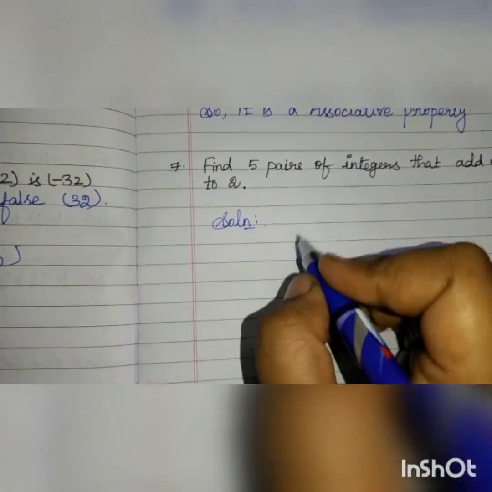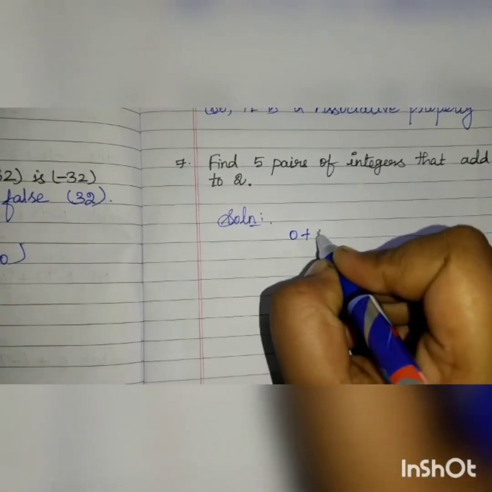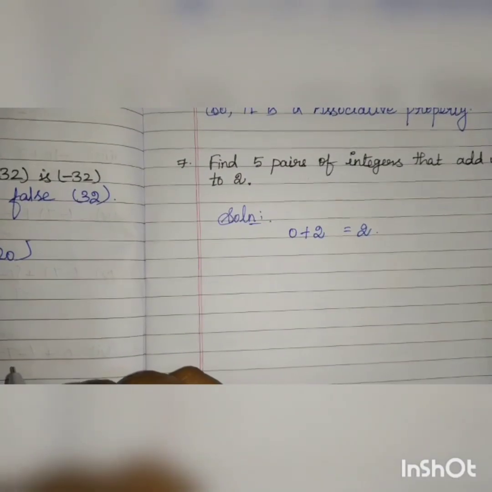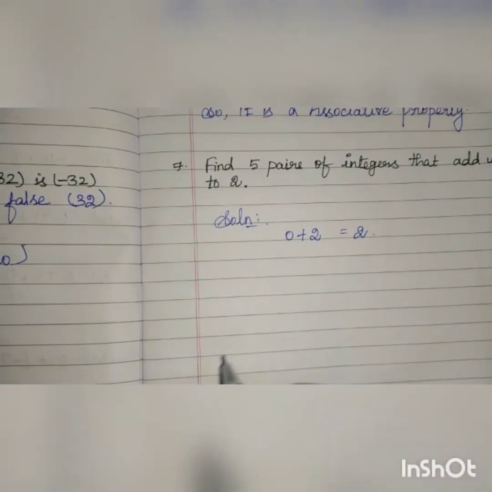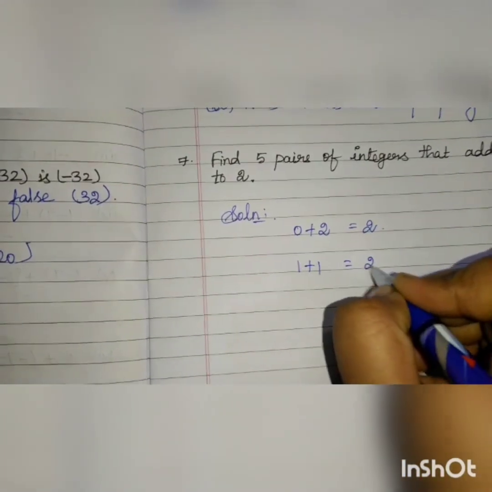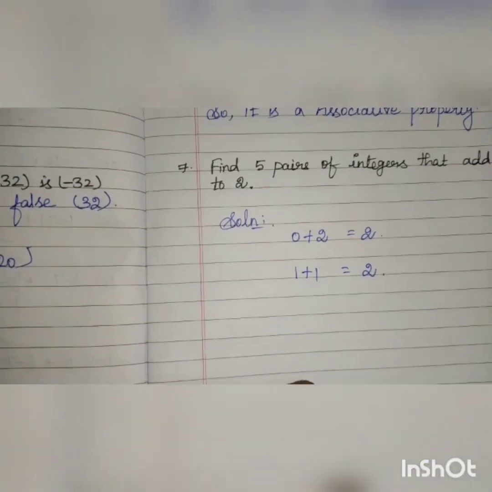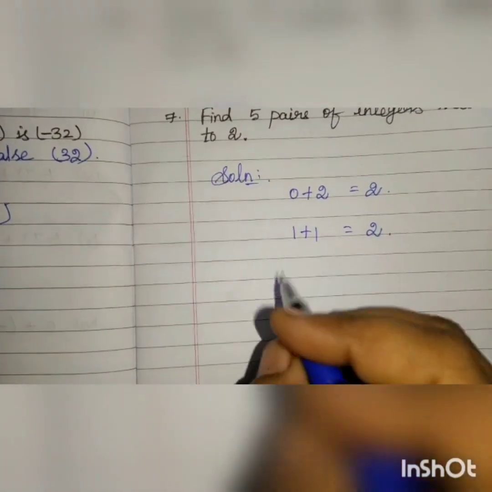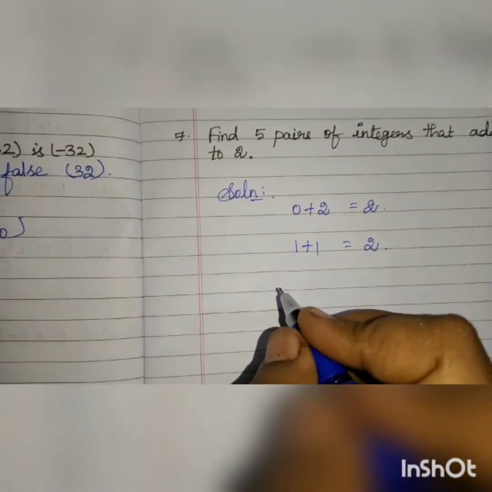Solution. First pair, think of 0 plus 2 equals 2. Then next pair I am writing here: 1 plus 1 equals 2. Now I have solved it with positive numbers. For example, I will take some negative numbers also.